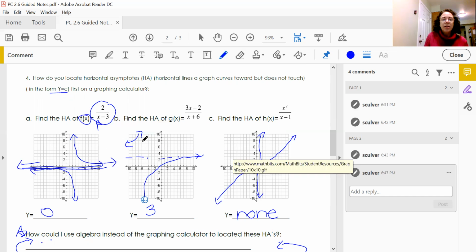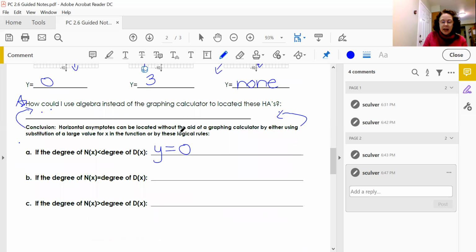Okay, let's look at B. Notice that the degree of the numerator and denominator are both 1. Okay, let's fill in this rule and then we'll go back. So here's B. If the degree of the numerator is equal to the degree of the denominator, the HA is equal to the leading coefficient of the numerator divided by the leading coefficient of the denominator. Okay, here's what I mean. Let's go back up.